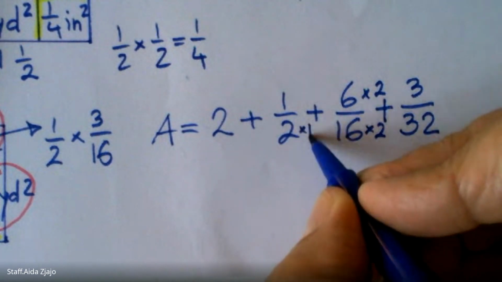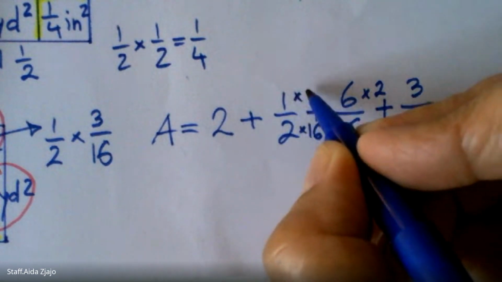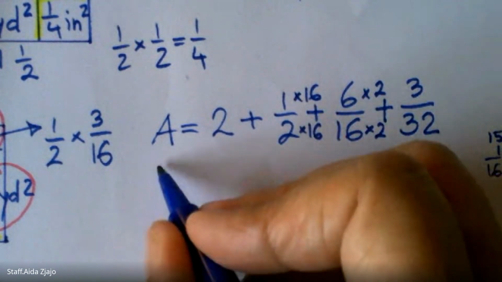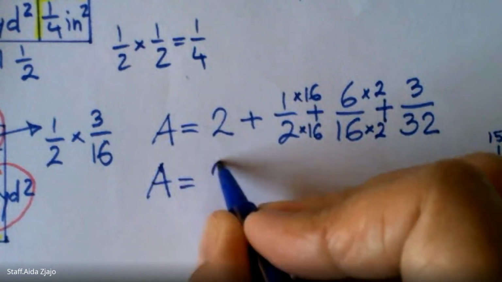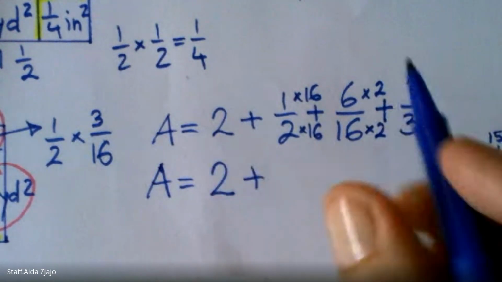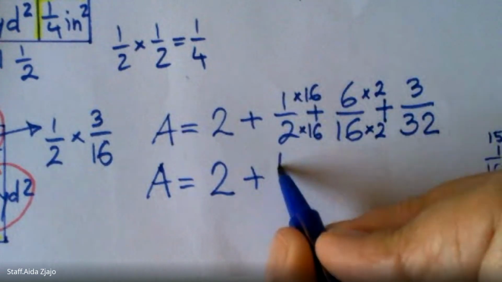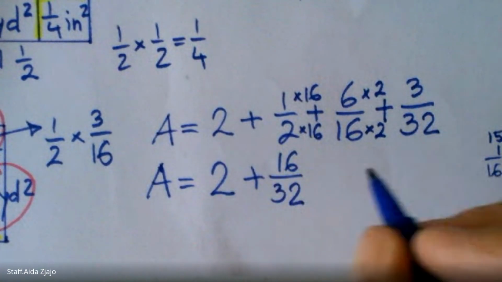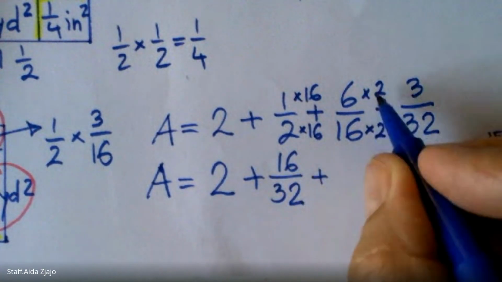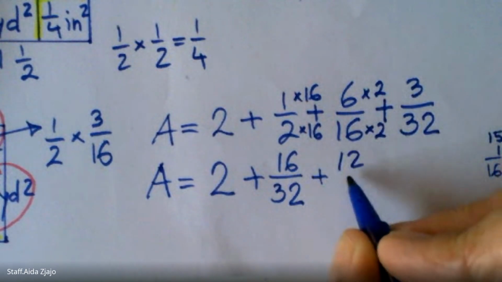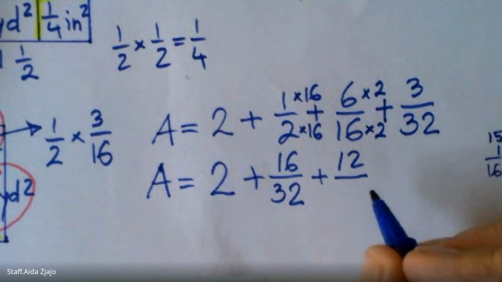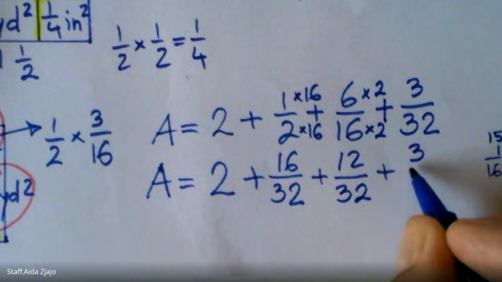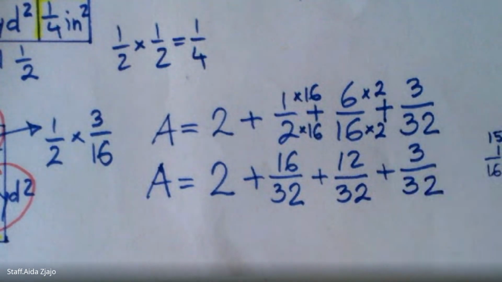So I need to multiply by 16, and I will get all pieces the same size. So area equals 2 wholes stays. This becomes 1 times 16, 16, 2 times 16, 32, plus 6 times 2 is 12, and 16 times 2 is 32, plus the 3/32s that we already have.